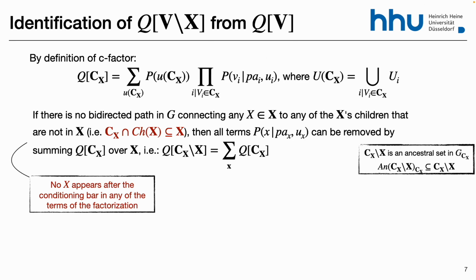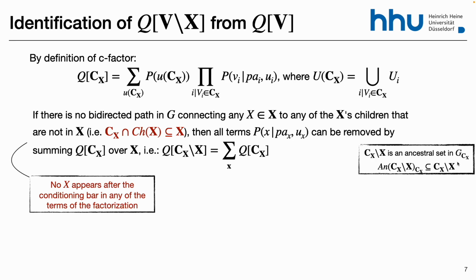I don't know if you remember this, but maybe it's easier to see directly that the C_X minus X is an ancestral set in this G_{C_X}. So when we remove the X's, let's make something like this. The C component of the X's is going to be X1 and X2 because they are connected by a bidirected edge. And after removing the X's, the ancestors of these variables that are not in.